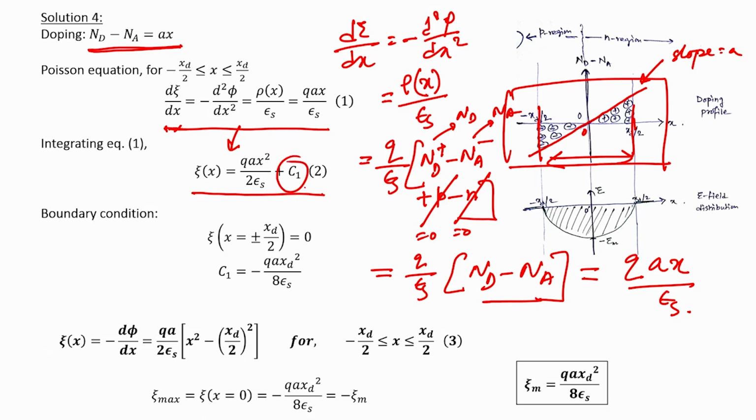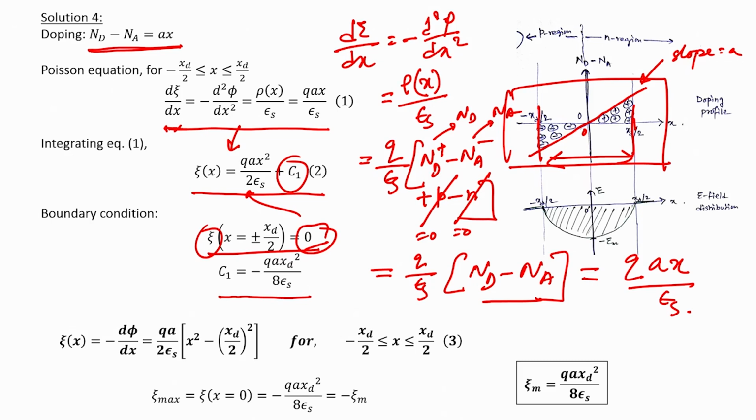This integration constant can be found from the boundary condition: the electric field goes down to 0 beyond the depletion width. So at x equal to plus or minus xd by 2, the electric field goes down to 0. If you plug in this boundary condition, you will find the constant C1 as minus qA xd square by 8 epsilon s.